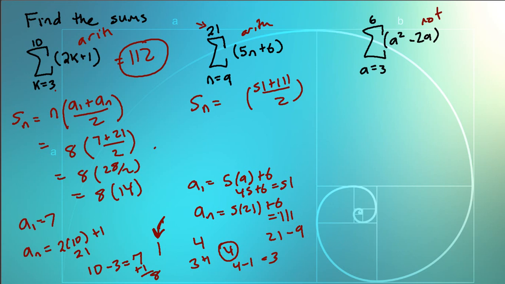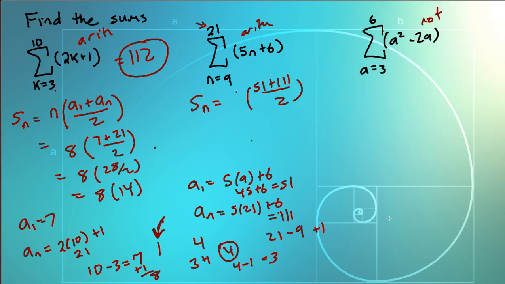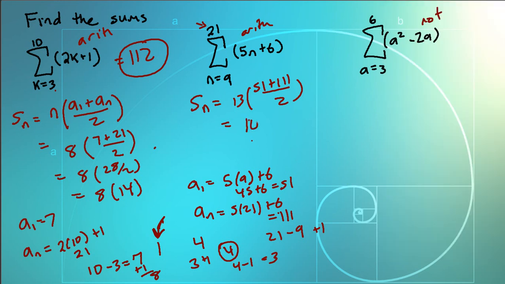Hopefully you see that I have one more because I read the 9th page. So I'll type that all in and get 13. So there are 13 terms right there. And now I'll type in the rest. So 51 plus 111 divided by 2 times the 13 and 1053.